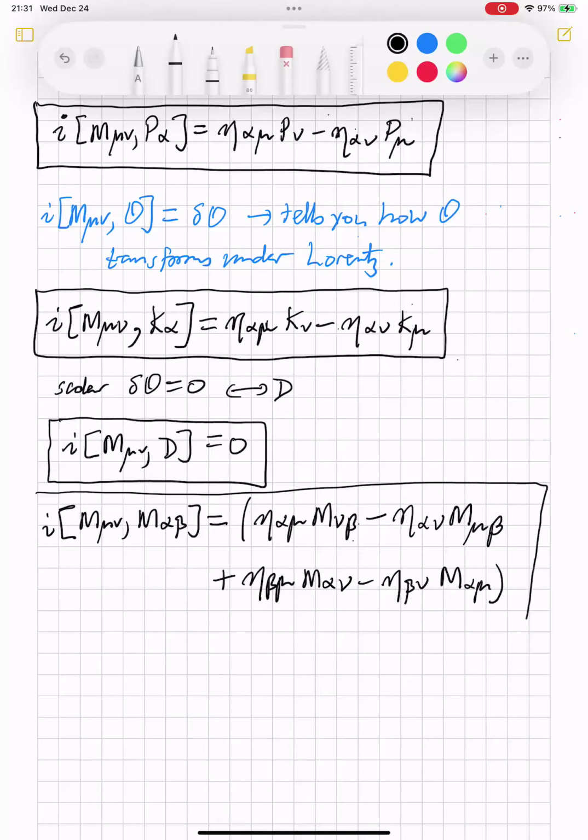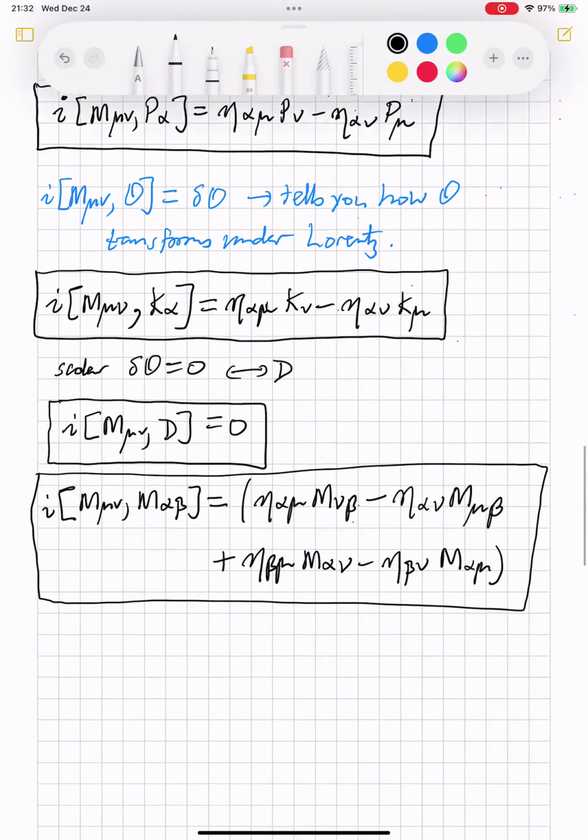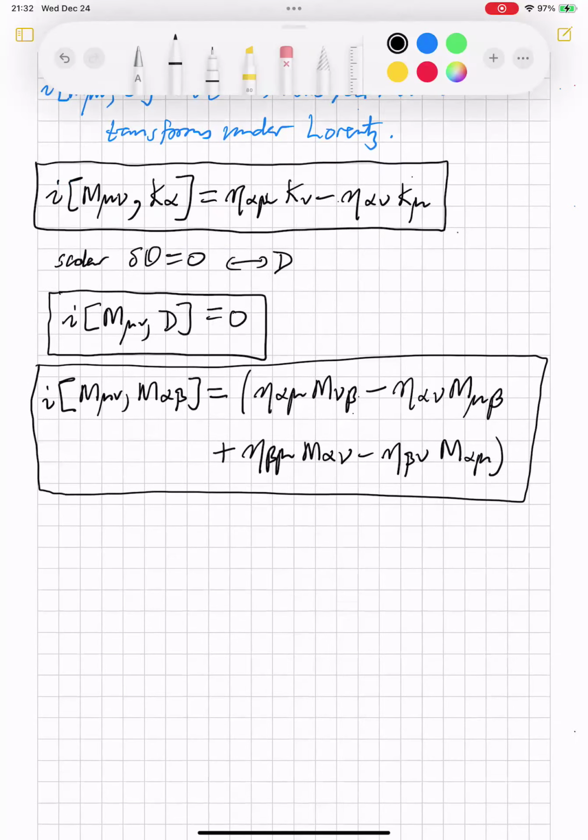So we've managed to write down another 3 commutators, which you should check, using only Lorentz invariance. So that's great. Now let's move on to commutators between the dilatation generator and the momentum. The first commutator, which you should just calculate by hand, is i D comma P mu is equal to P mu.